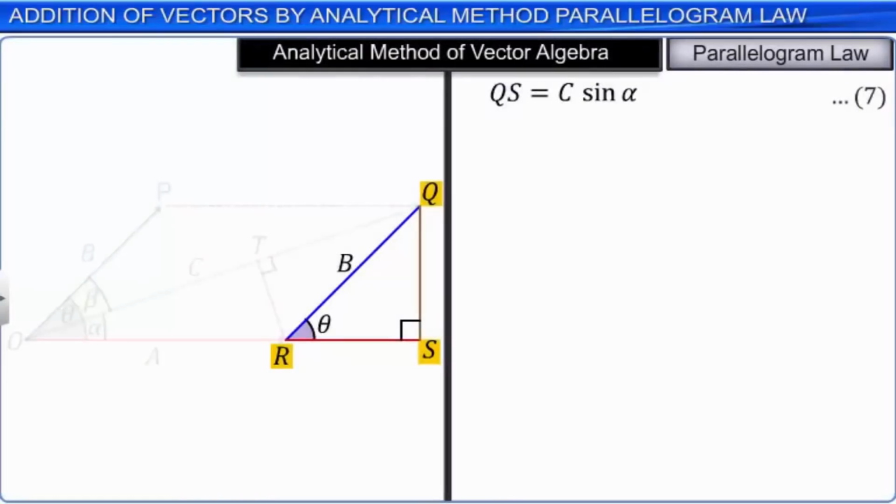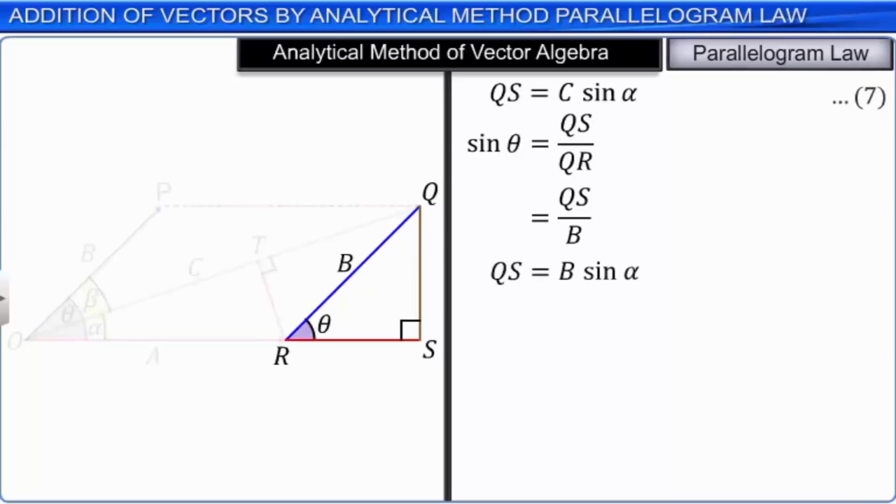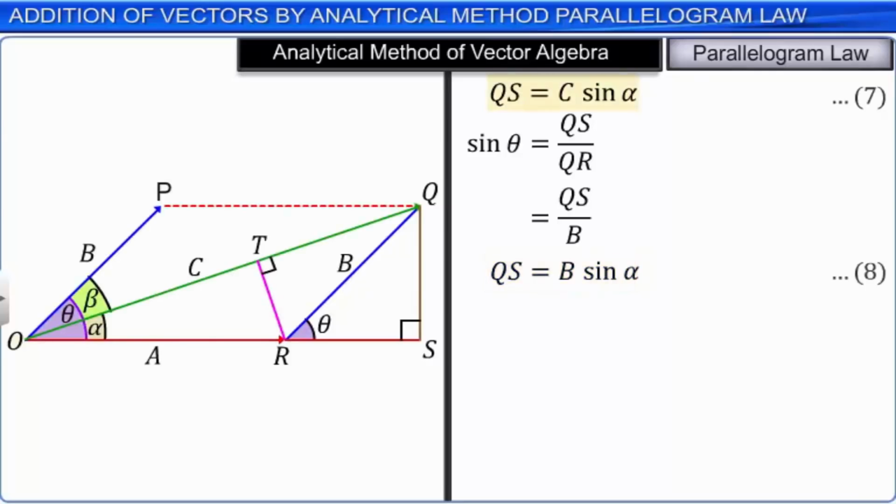From triangle RSQ, we can write sine theta is equal to QS by QR, which is equal to QS by B. QS is equal to B sine theta. Let this be equation 8. Equating 7 and 8, we get C sine alpha is equal to B sine theta. C by sine theta is equal to B by sine alpha. Let this be equation 9.